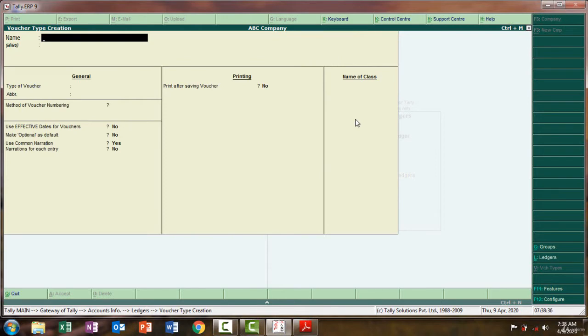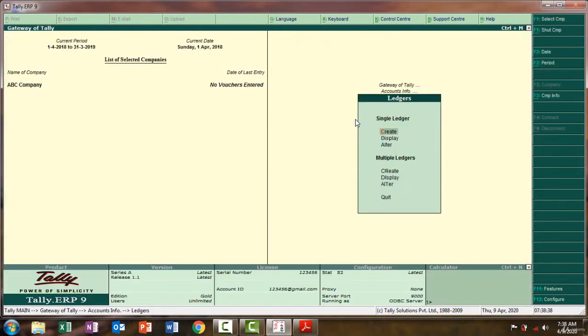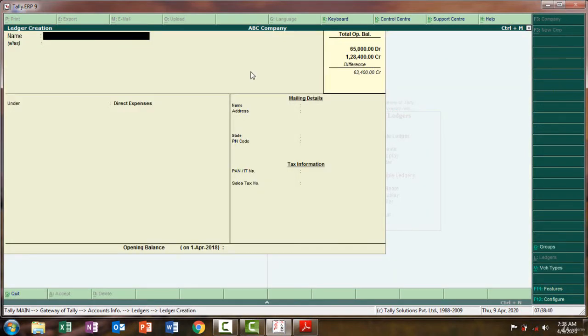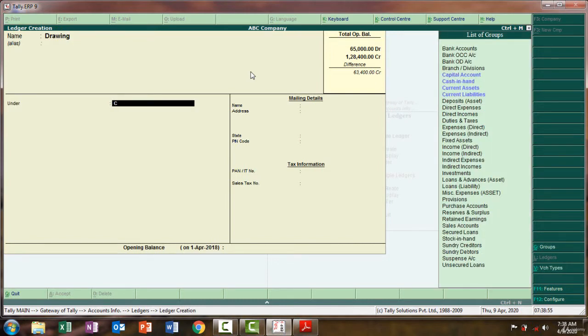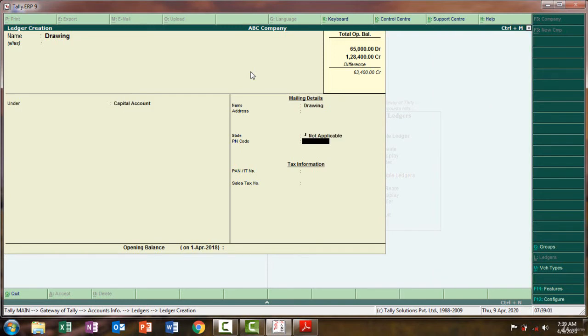Sometimes it's called draw, so I'm going to type draw, or maybe we can type drawing. Okay, drawing, and it comes under the capital, because we have to deduct from his capital account.